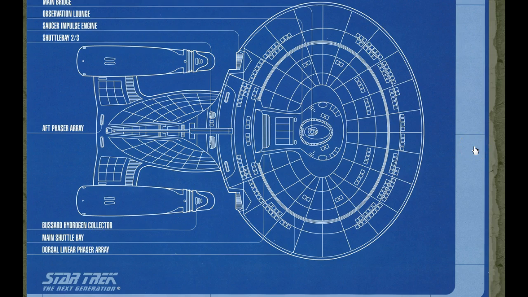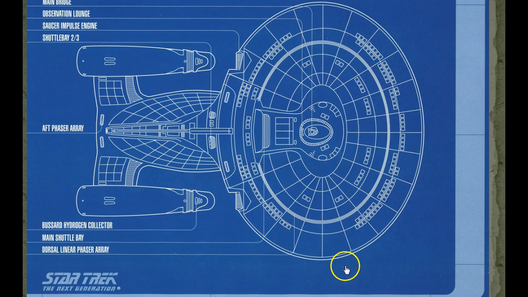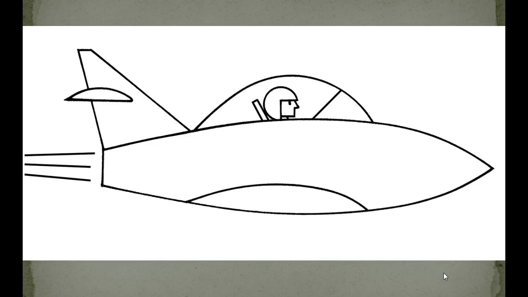Here we have a blueprint. This is a model, and in fact a scale model of a spaceship, showing how big each part would be compared to the other. Everything is in proportion. As you can see, we've moved on to this picture of a jet.